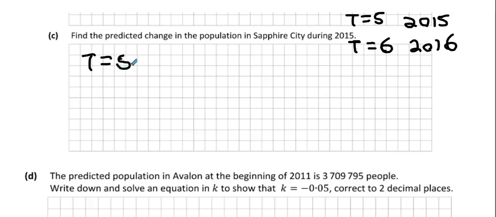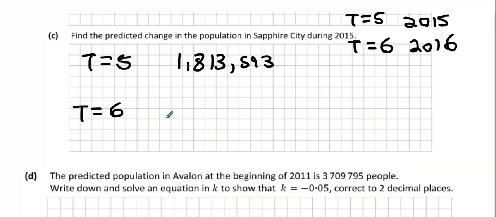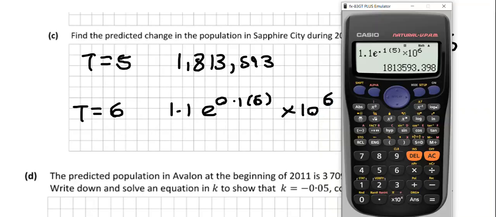It's the last answer to the last question. 1,813,593. Now I'm going to find out what happens when it's t equals 6. It's 1.1 e to the 0.1t, so 0.1 times 6 multiplied by 10 to the power of 6. I'll just go back to what I already have and change that to a 6.